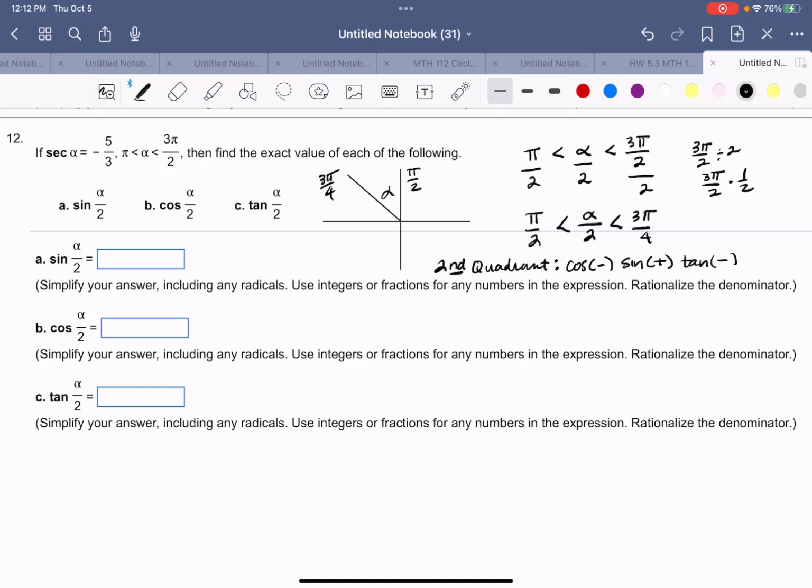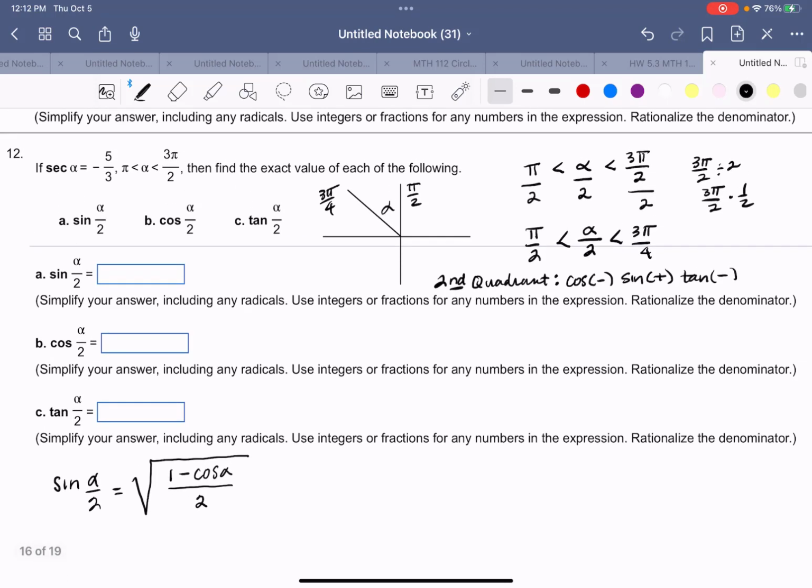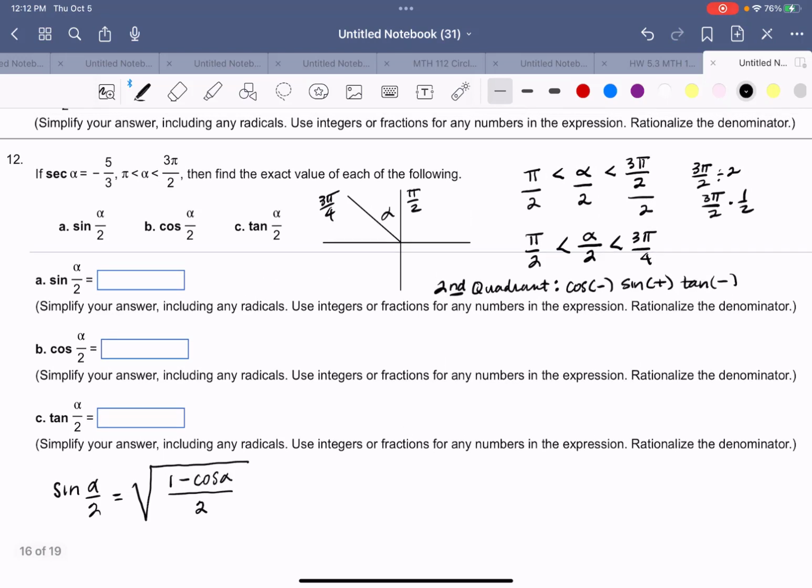So the sine of alpha over 2 has the formula, and it's going to be positive square root of 1 minus the cosine of alpha over 2. Now we have to go back and look at alpha.